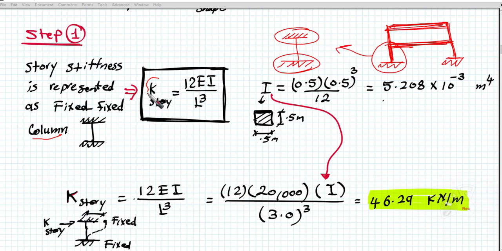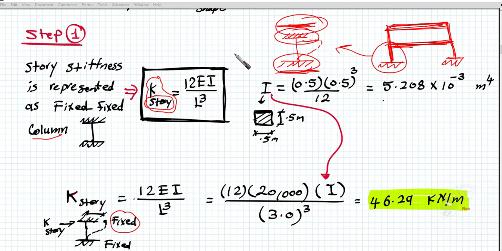This means that the story stiffness is going to be the case of a fixed condition. Do you remember, if we have a fixed condition, as you can see here, and we have a unit displacement at the top, what is going to happen here? Exactly. A shear is going to be developed.